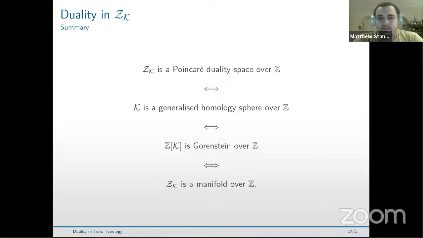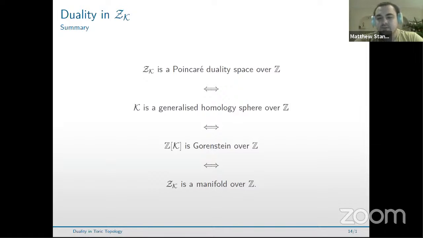What's important here is that we are seeing an interplay between these a priori unrelated dualities in these different areas. I haven't mentioned the property of a ring being Gorenstein until now. It's not necessarily directly relevant to my talk, but just briefly, Gorenstein rings are a certain special class of Cohen-Macaulay rings, which exhibit a certain type of self-duality. One way of defining them is to say that as a module, a Gorenstein ring is isomorphic to its canonical module.